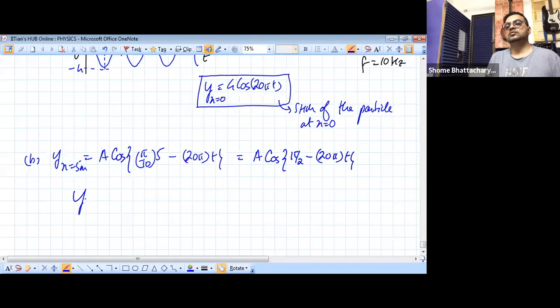So this equation will now become 4 sine 20 pi t.